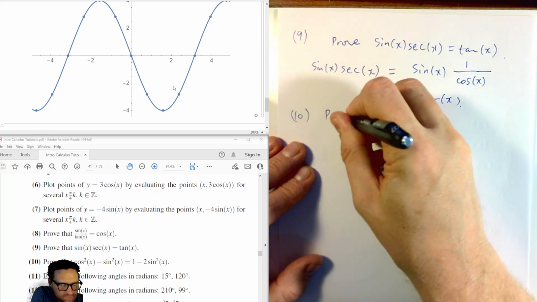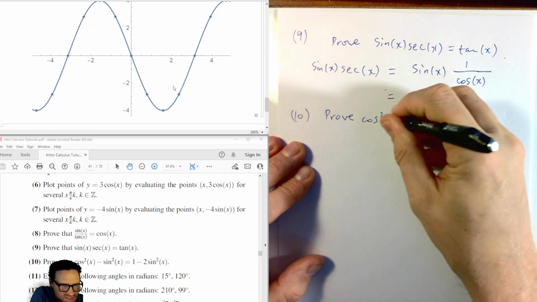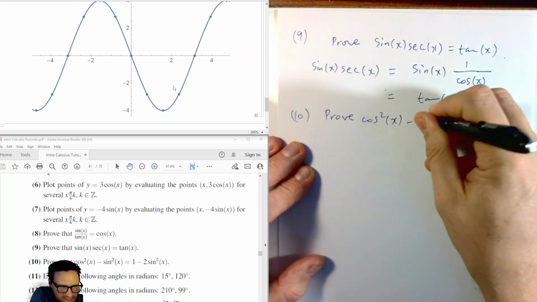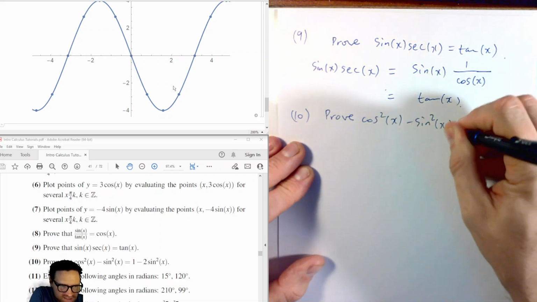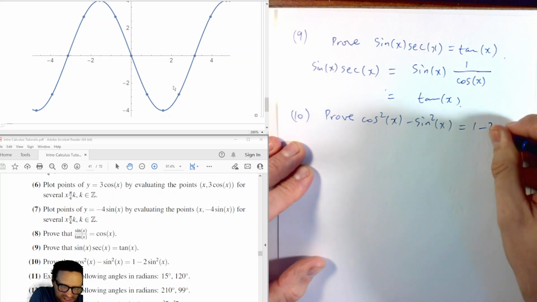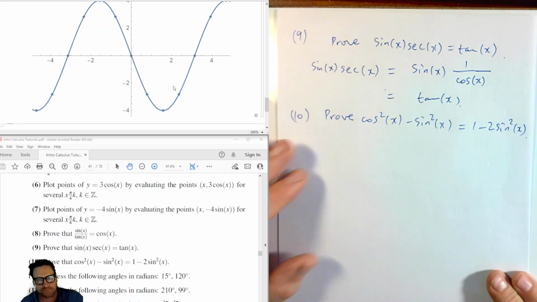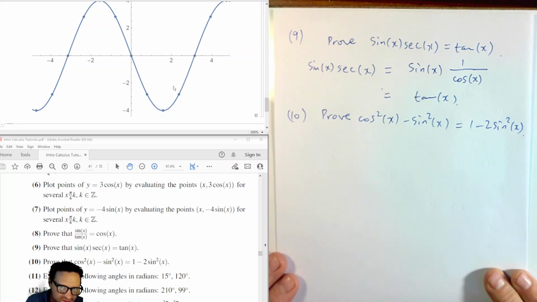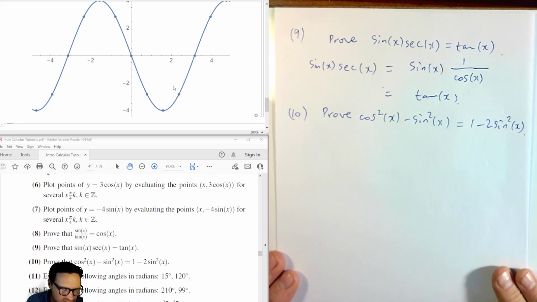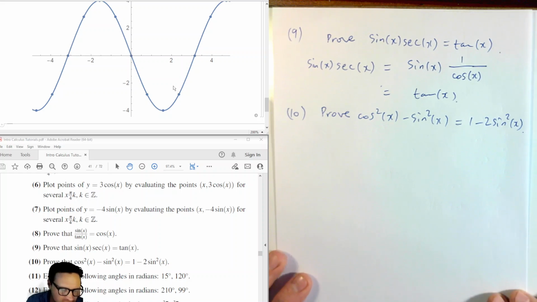Prove that cos squared of x minus sine squared of x is equal to 1 minus 2 sine squared of x. Okay, so the thing that comes to mind here is that cos squared plus sine squared is equal to 1.